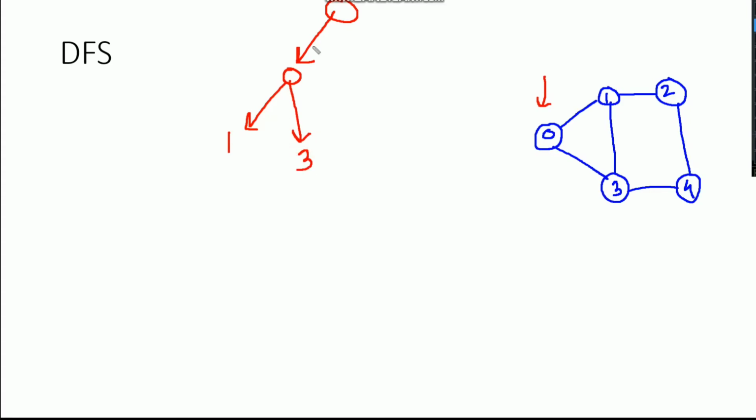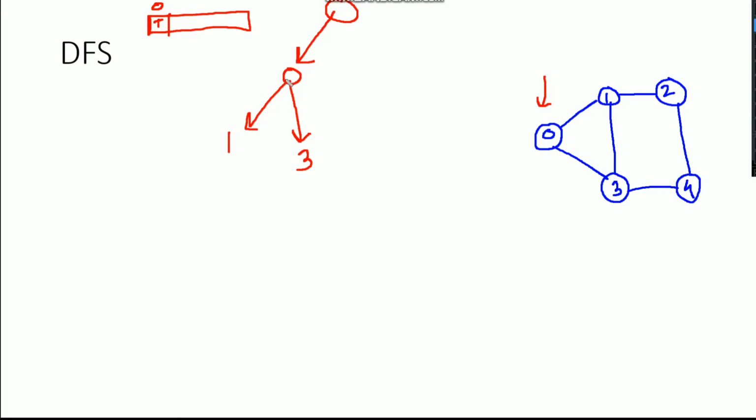So from this root I move to vertex 0, which was my starting vertex. In the visited array, I have marked that vertex 0 is already visited, like I have marked it as true.